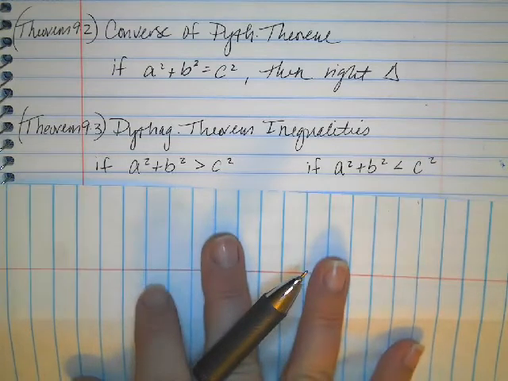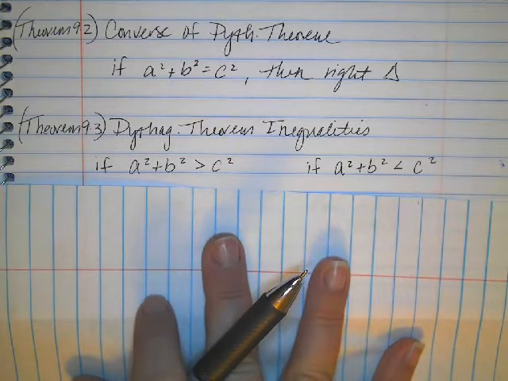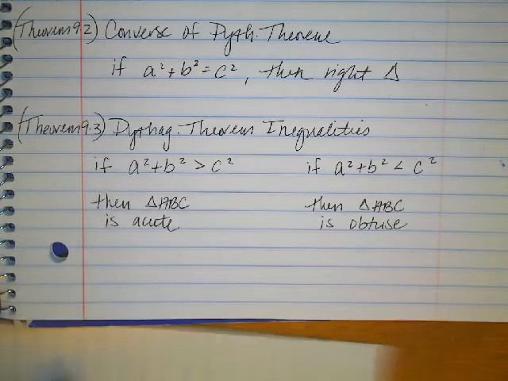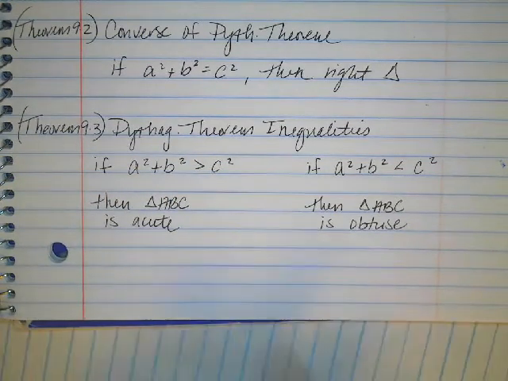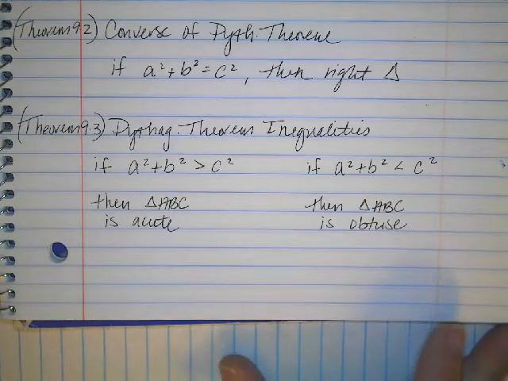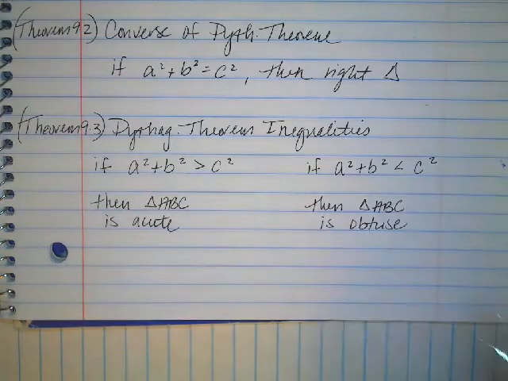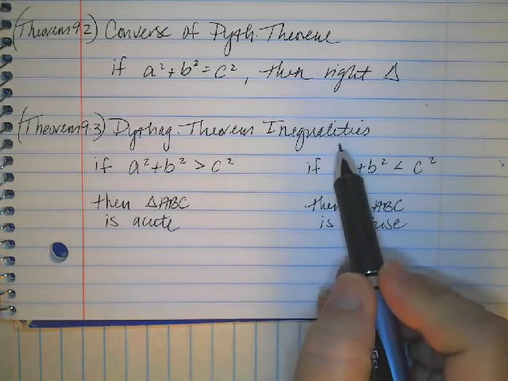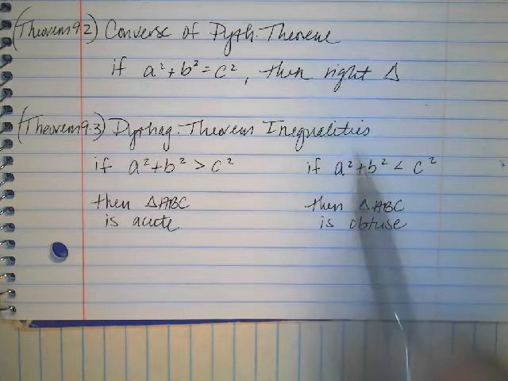Then we have the Pythagorean inequalities. Sometimes we're going to see triangles that aren't right, and we can still use the Pythagorean theorem to our advantage. This time it's working with inequalities. It's not going to be equal to c squared; it's going to be less than or greater than.